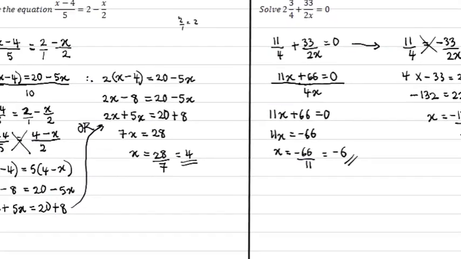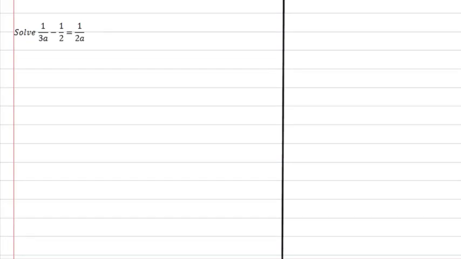Okay, so let's try one more example. Here we are given 1 over 3a minus 1 over 2 equal to 1 over 2a. So let's do the LCM of everything. The LCM of everything here will be 6a.